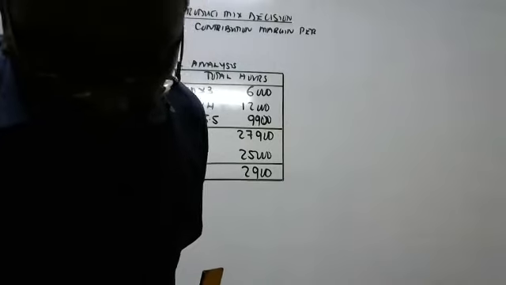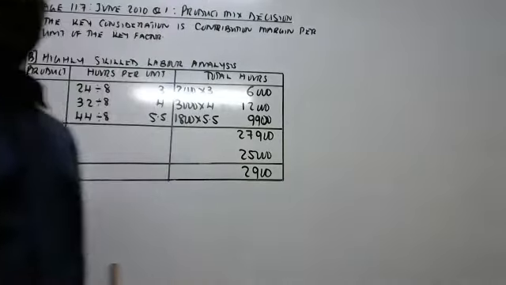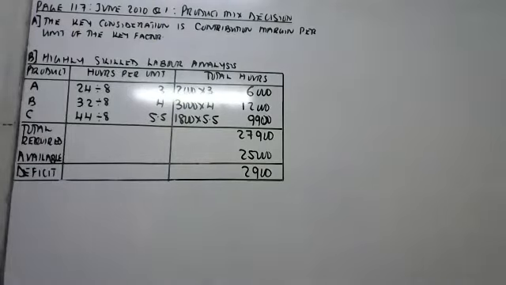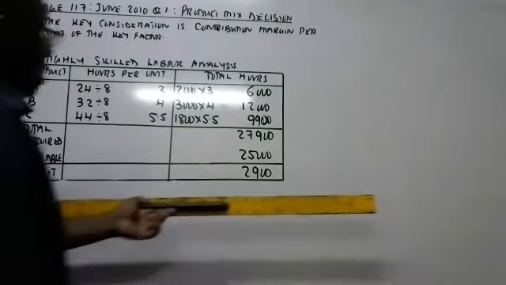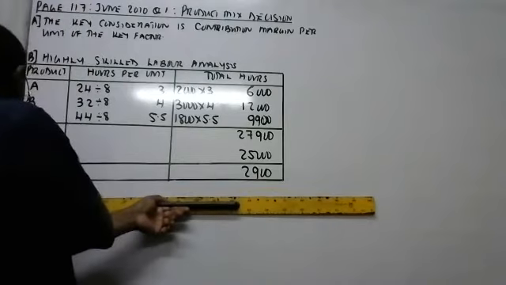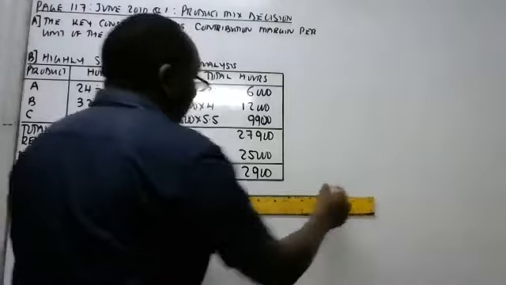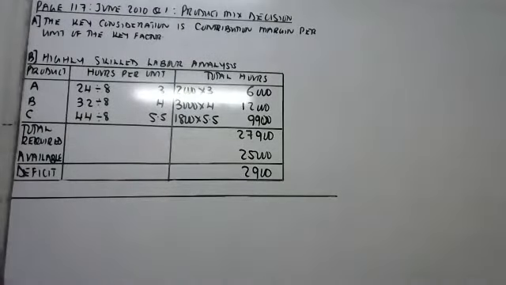Now we are told to get the optimal production mix. In getting the optimal production mix, we start by preparing the first principles analysis table. We call it the first principles analysis table.